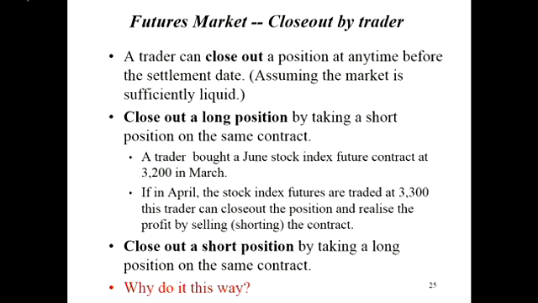But what makes the forward and the future different is the forward is a dealer market, and if you want to take out a forward, then you talk directly to a dealer, and pretty much every aspect of the contract can be customized to suit whatever needs you have. Now the futures, which have a very similar purpose, contracting for a price today for delivery in the future, is traded on an exchange.